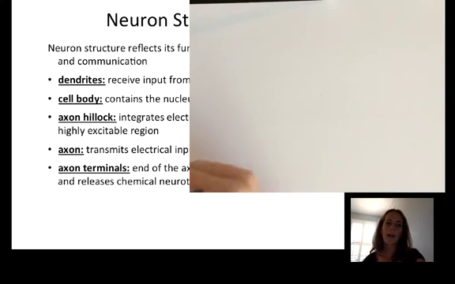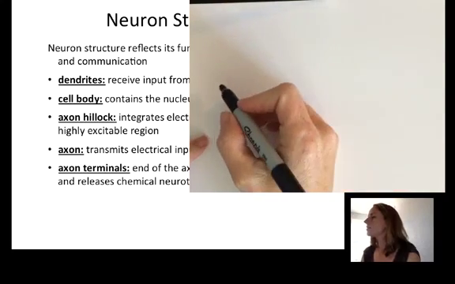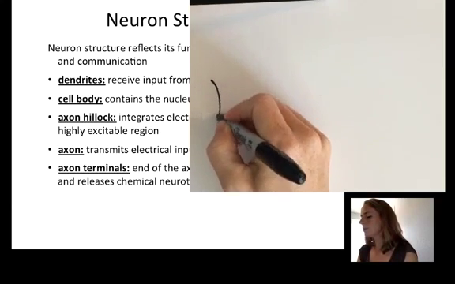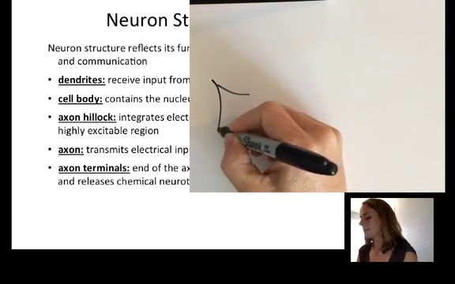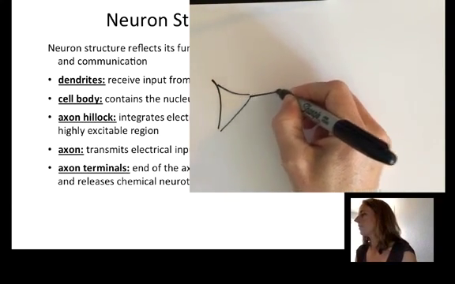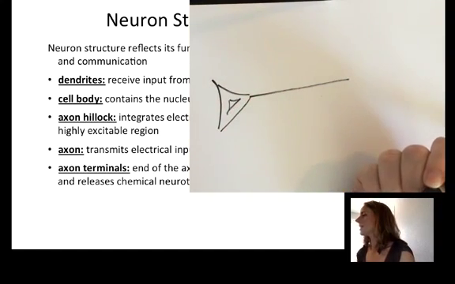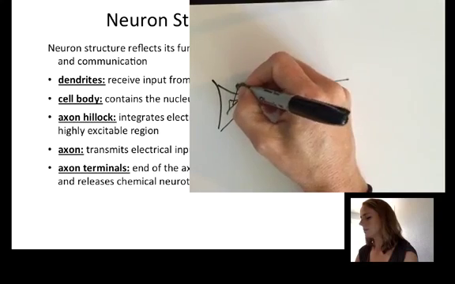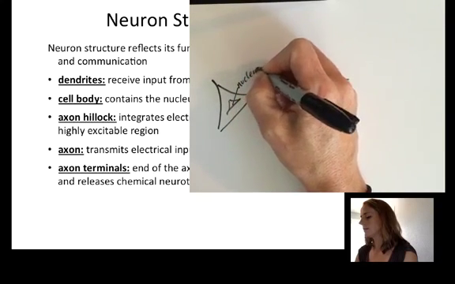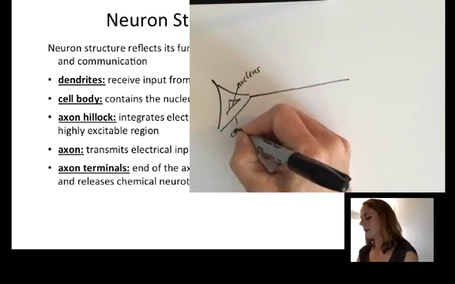Okay, so a neuron is a large branching cell, and the typical neuron is what we call a pyramidal or multipolar neuron, where we have the cell body containing the nucleus. So there's the nucleus, and there's the cell body.